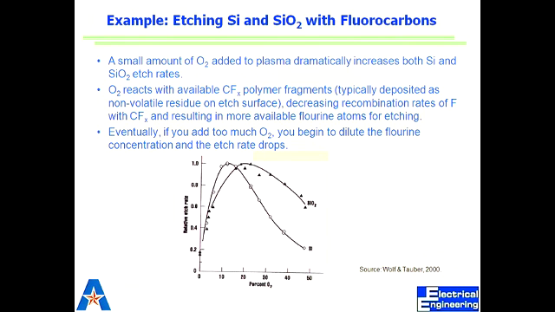The F by C ratio decreases. If I talk about the etch rate due to my etchant, that is CF4 for example, the etchant gas, the etch rate due to the dry etching process actually decreases for silicon, because the F by C ratio is less.